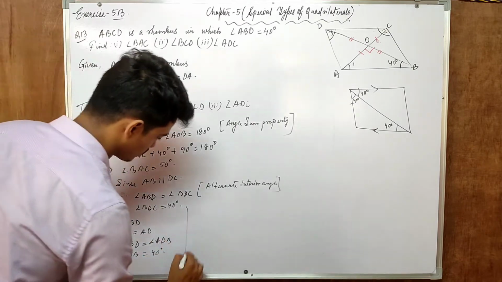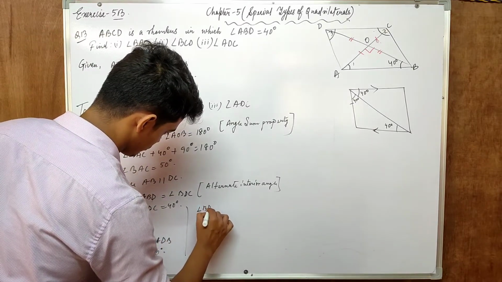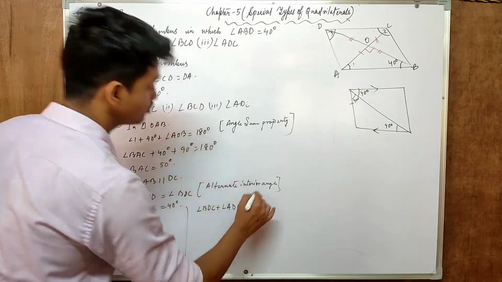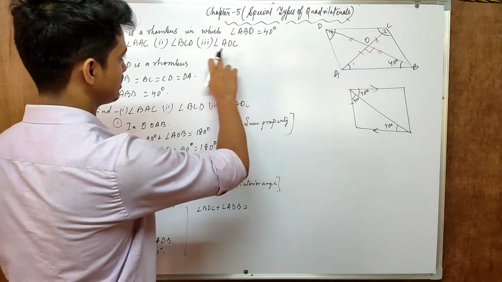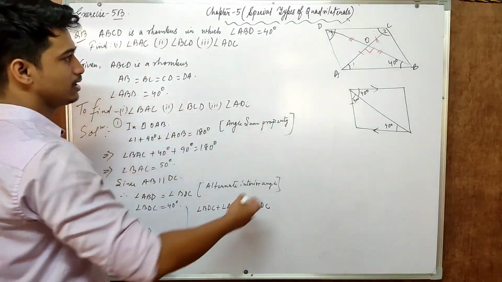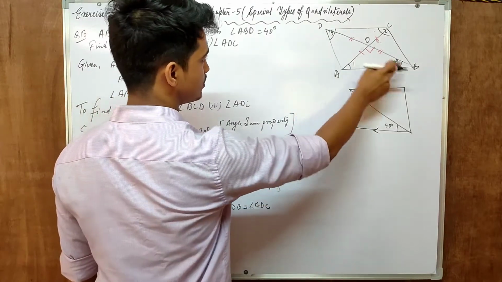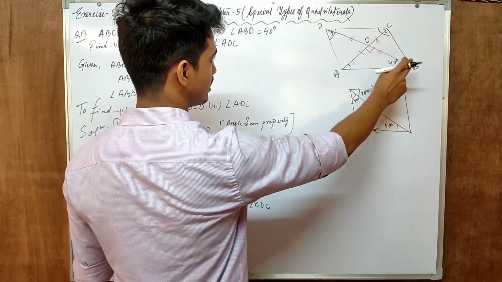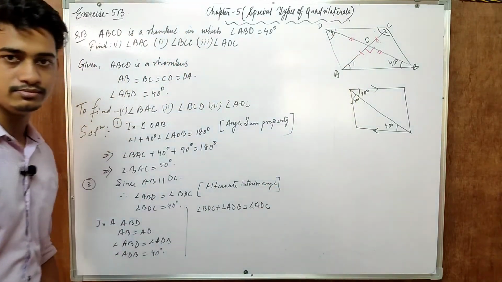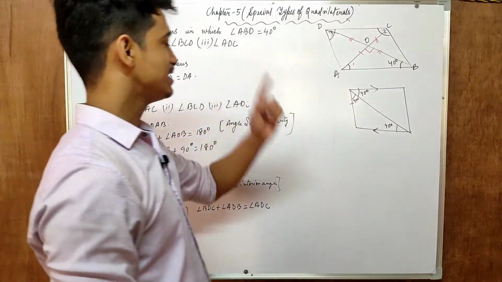And finally we can conclude angle BDC plus angle ADB equal to which one? This part, that is ADC. You can clearly check that ADB this portion and BDC this portion together will become ADC.